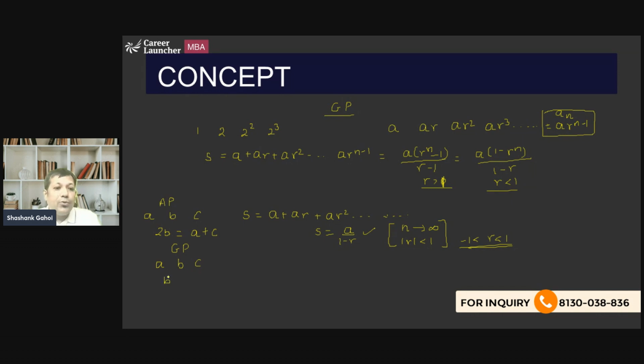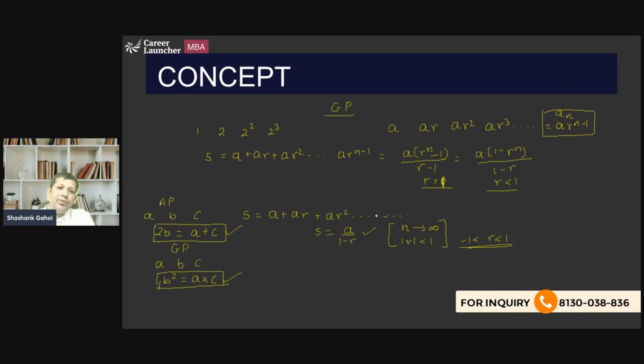That is B square is equal to A into C. So this is the relation between the three numbers when the terms are in GP, and the earlier one is the relation when the numbers are in AP. These two things are important, and everyone must remember them. Apart from this, in GP there is nothing but the formula. There are no special concepts that we have.